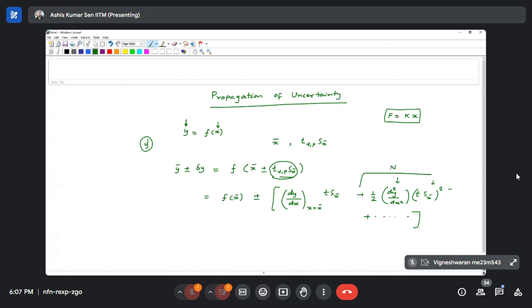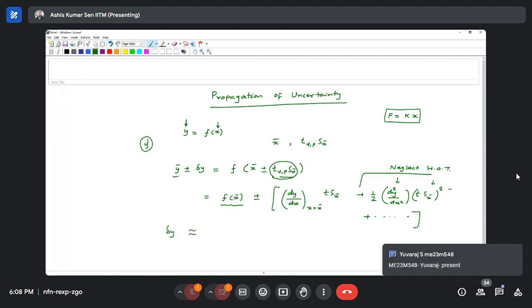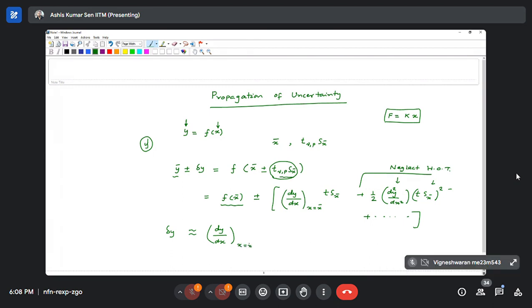So if you neglect the higher order terms, then this is basically your y mean. So you can write delta y is approximately equal to the slope of the curve dy over dx at x equal to x bar into t S x bar.